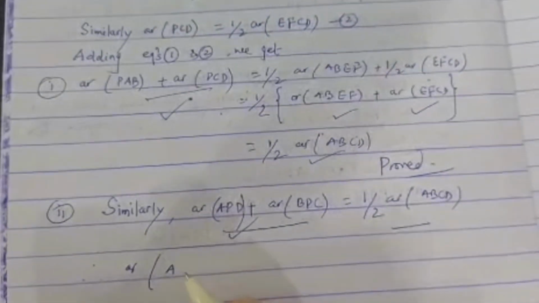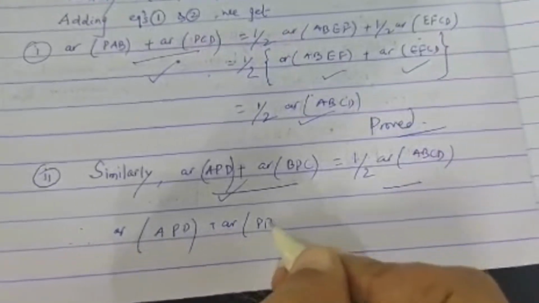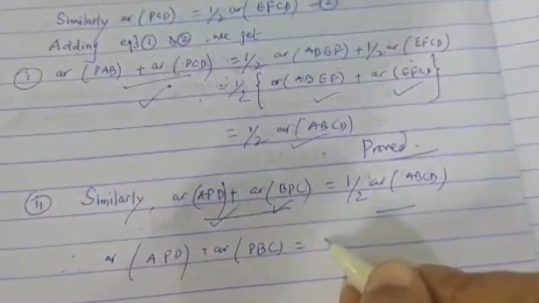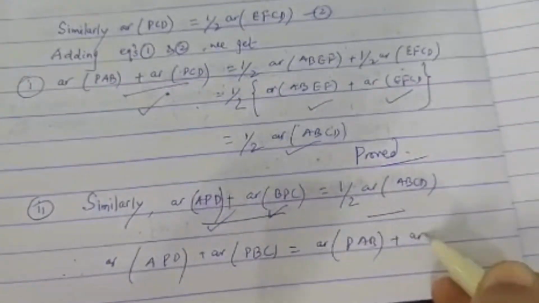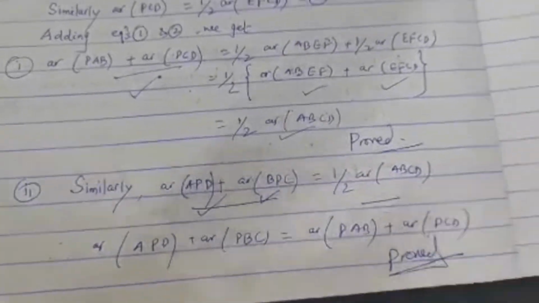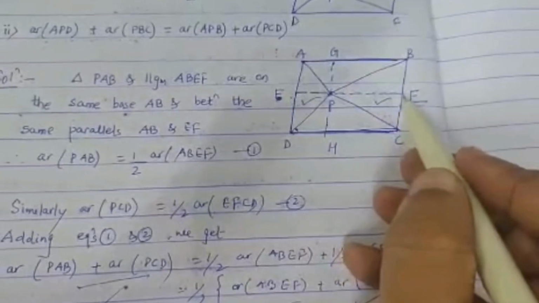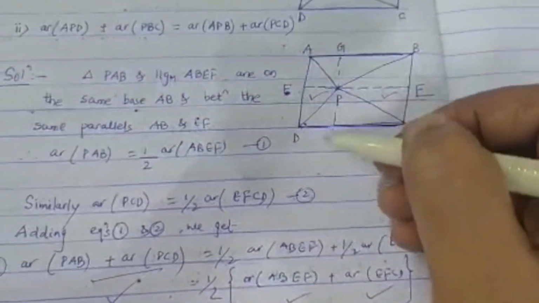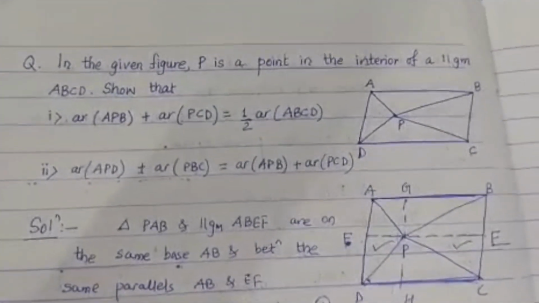Therefore area APD plus area PBC is equal to area PAB plus area PCD. This is proved. So in one construction we draw a line parallel to this one, and in the other we draw a line parallel to this one, and similarly we can prove this. So using the theorem we have solved this question.